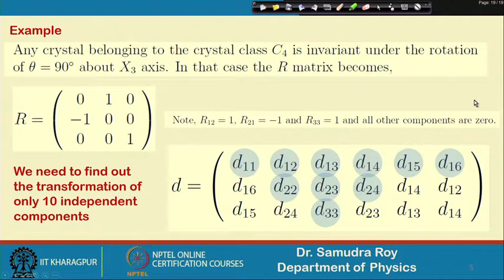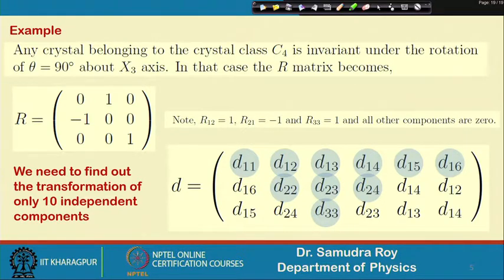Suppose we have a crystal belonging to the crystal class C4, which means it is invariant under a rotation of 90 degrees about the x3 axis. So we have an axis, and a coordinate system: x, y, z, represented here as x1, x2 and x3.